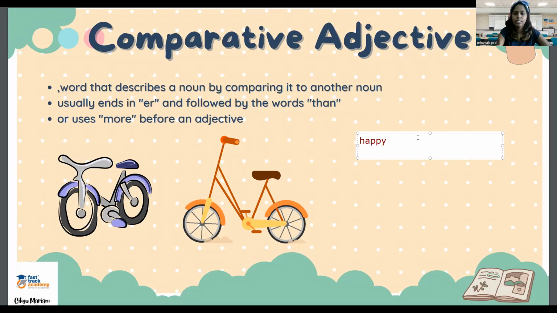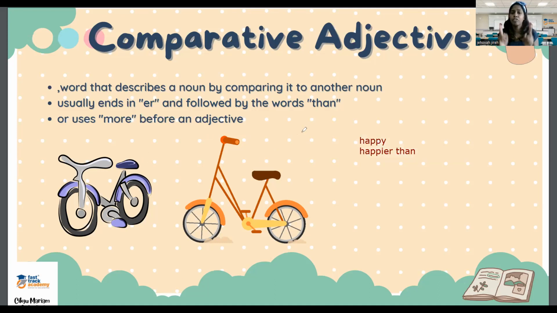You take HAPP, and because there is a Y, you cut it off and write happier. Then when you want to compare two things, let's say the blue bicycle here and the orange bicycle here.